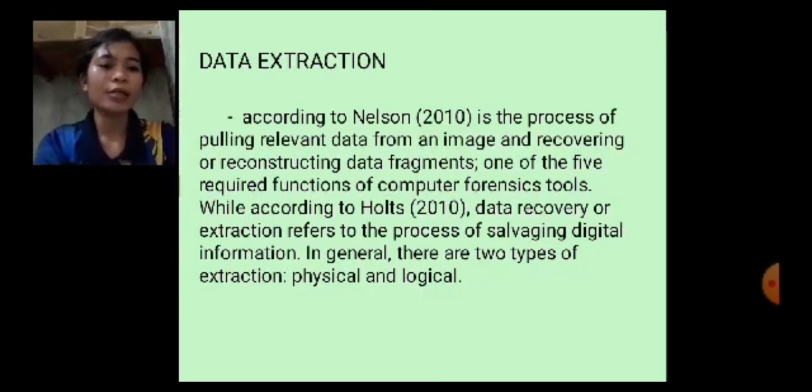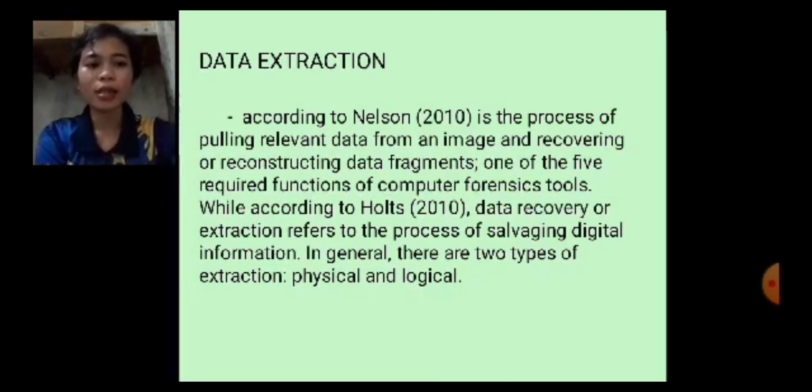In general, there are 2 types of extraction. First, physical, and second, logical.